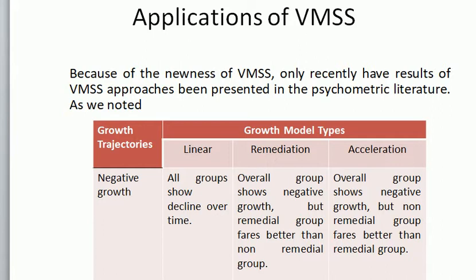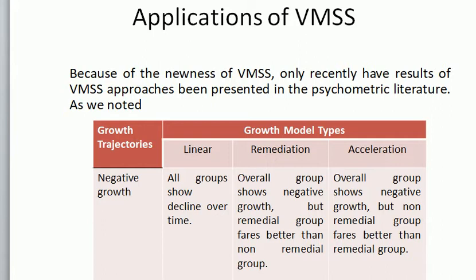In the linear approach, all groups show decline over time. It means all groups in linear growth decline with the passage of time.